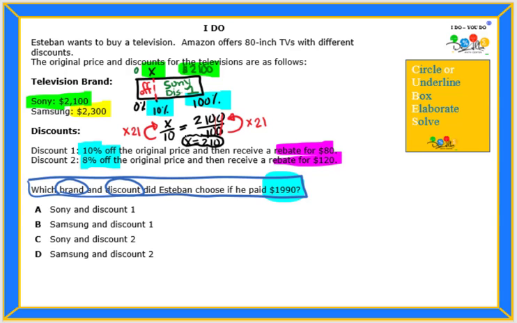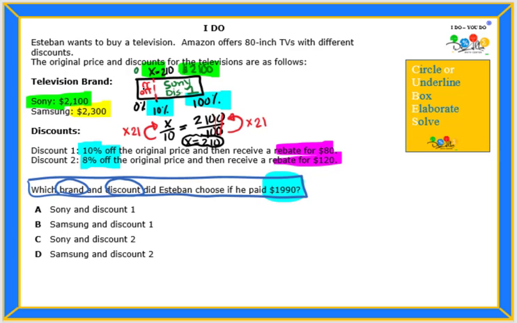Remember, X is the amount you're going to get off. So we're going to get $210 off for the percentage discount. There is also an additional rebate of $80, so we are not done yet with that discount.